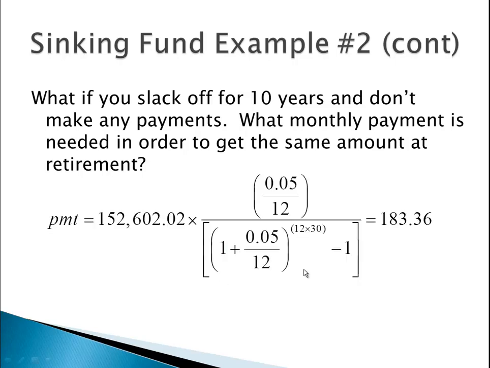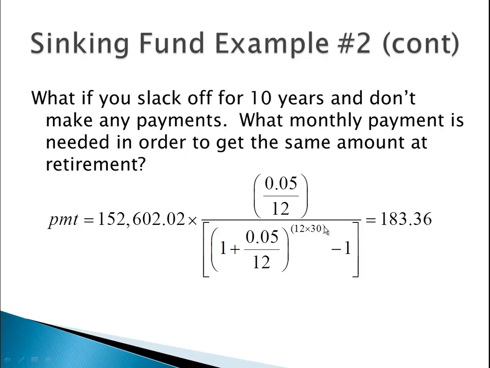Basically, we're just going to flip the fraction. In the formula, the payment was right next to that fraction, but now we divide by that fraction, bring it over to the other side with the future value. So it's the future value times that fraction flipped.